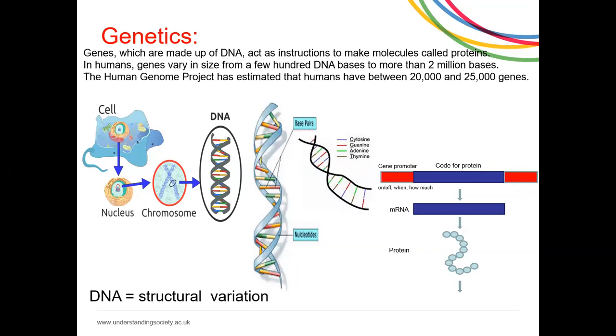It's in the nucleus of your cells, and it's bundled together in chromosomes in the nucleus. So you've got about 6 foot of DNA in every cell in your body, and it's all wound up very tightly in these chromosomes, and it's made up of base pairs. So these chemicals called cytosine, guanine, adenine, and thymine. And together, that's your alphabet, as it were.